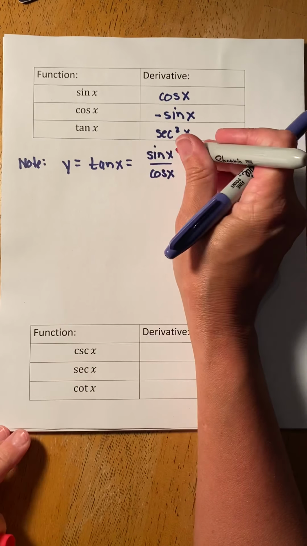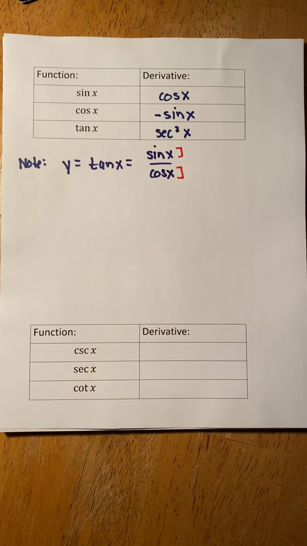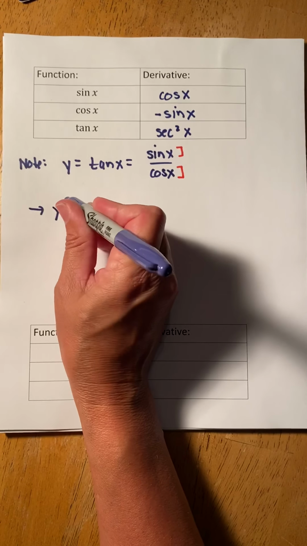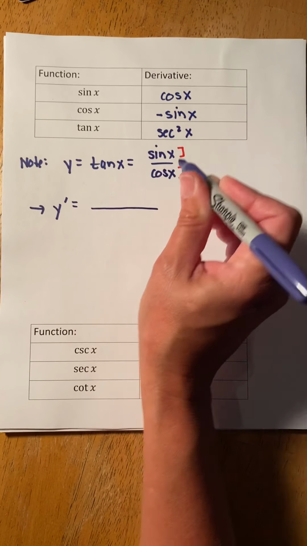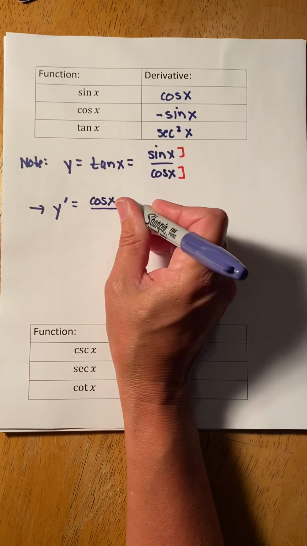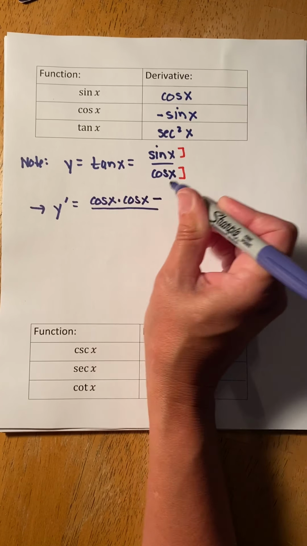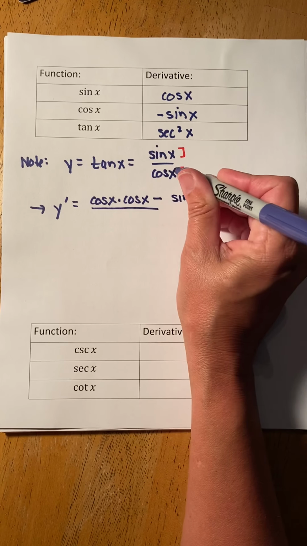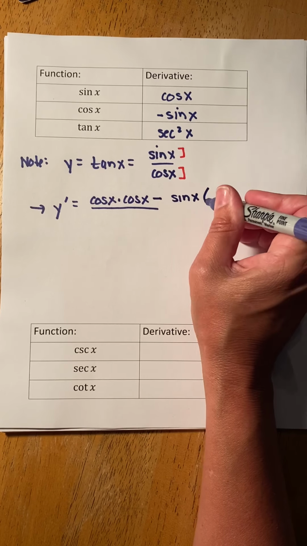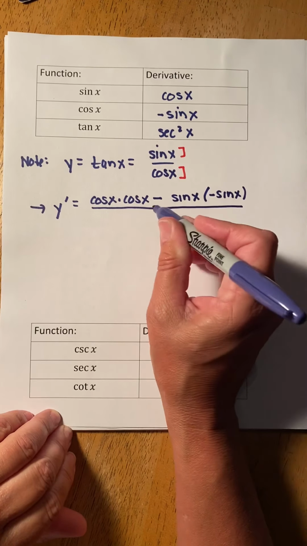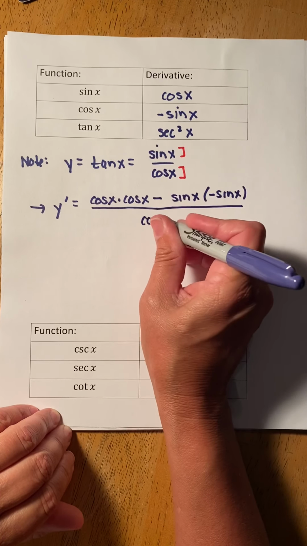So if we apply the quotient rule and call the tangent sine over cosine, we get the secant squared. Ready? Watch. The derivative of the tangent is the derivative of the top, the derivative of the sine is the cosine, times the plain old bottom, minus the plain old top, times the derivative of the bottom, and the derivative of the cosine is the negative sine. And that's all over the bottom squared.